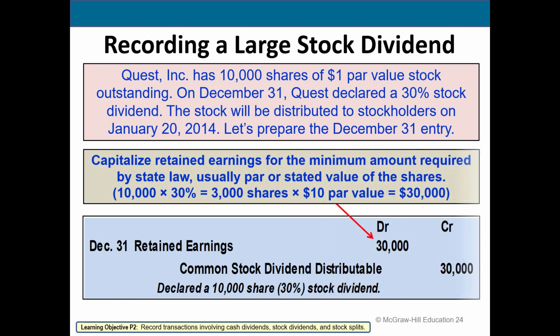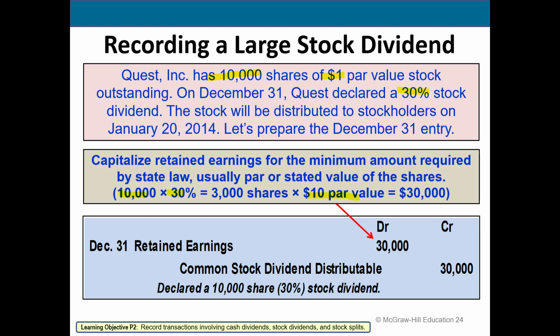A large stock dividend is greater than 25%, and with a large stock dividend, you record it at the par value. So here we have 10,000 shares of $10 par value stock, and we're declaring a 30% stock dividend.